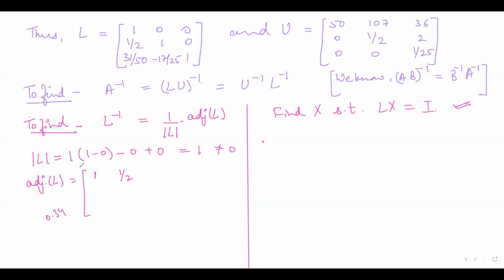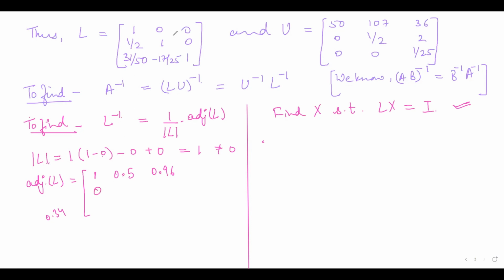Let me write it in decimal form. So 0.5, and this I'm getting as, adding both of them, 0.62 plus 0.34. So I am getting this as 0.96. Then moving ahead with this, I am getting this as 0.